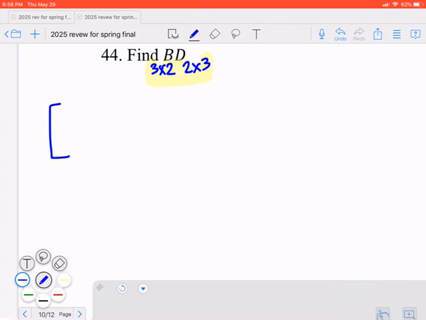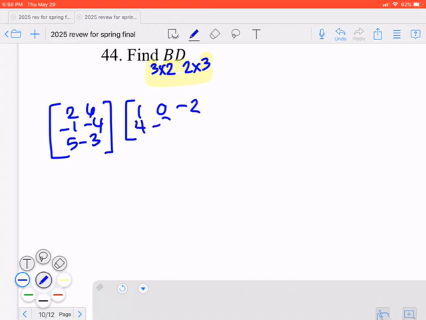B is 2, 6, negative 1, negative 4, 5, negative 3. And D is 1, 0, negative 2, 4, negative 5, 6.